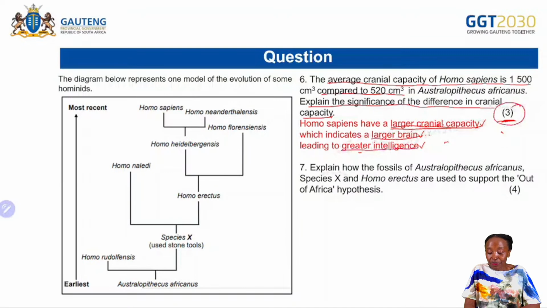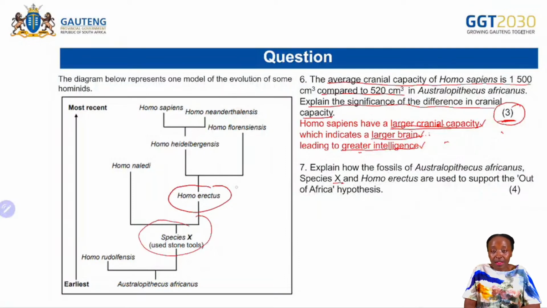Then the last one, explain how the fossils of Australopithecus africanus, species X, which is this, and Homo erectus, which is the one there, are used to support the out of Africa hypothesis. So what did we say earlier?